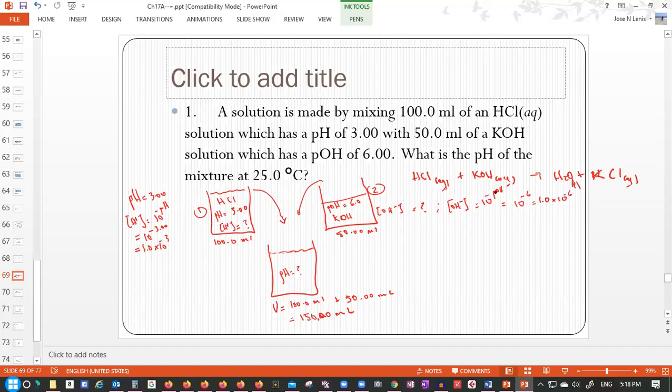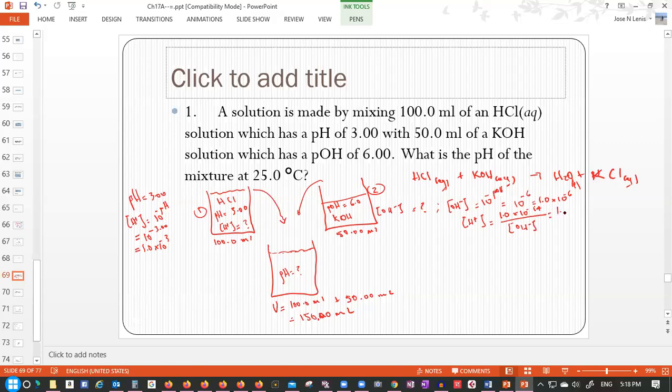But we don't want to know the concentration of OH minus, and we don't even want to know the pH of that solution. What we want to know is the concentration of H plus. You remember one of the equations we learned in the previous video is that the concentration of H plus for any given solution equals 1.0 times 10 to the negative 14 divided by the concentration of OH minus.